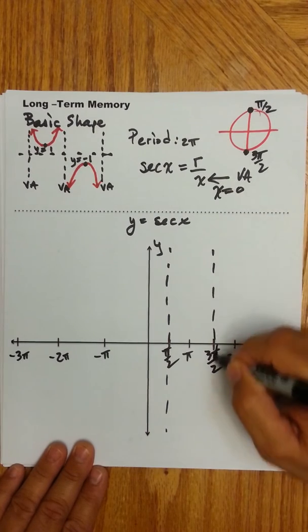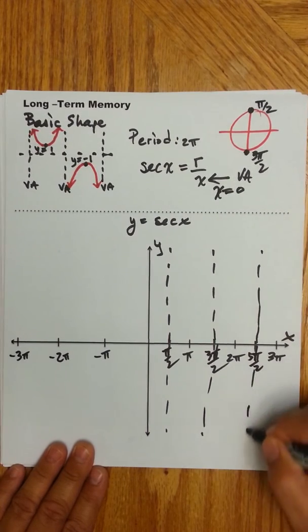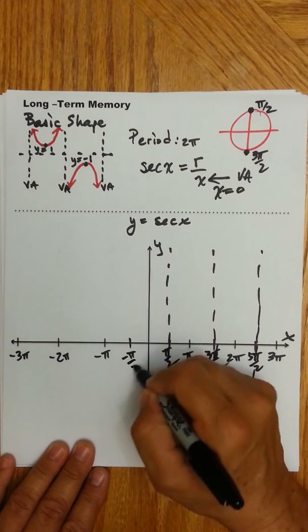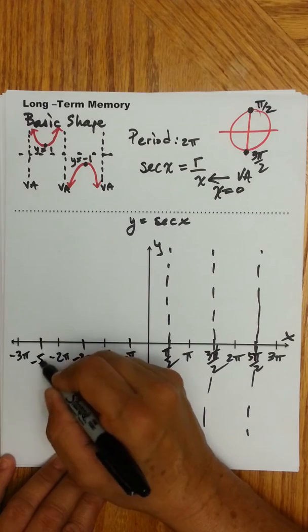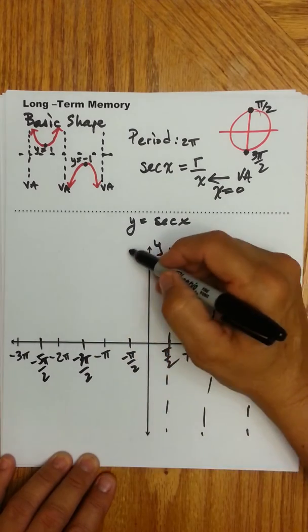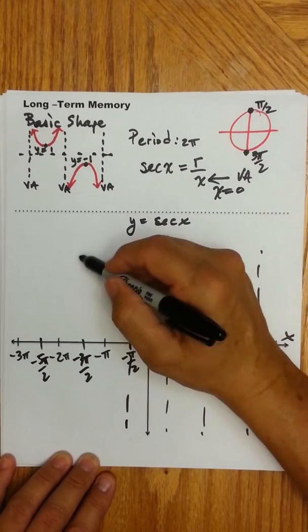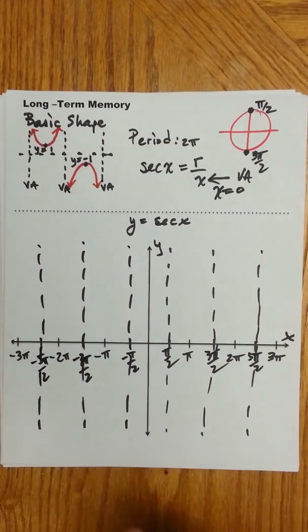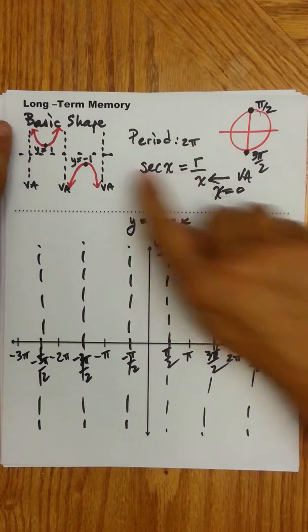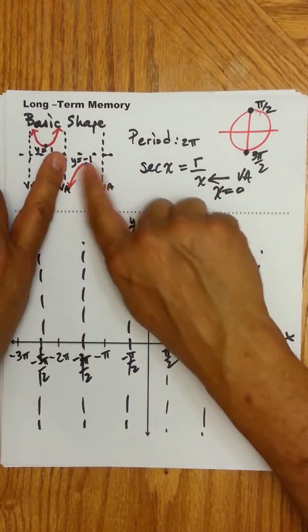So you're putting them in here. Negative pi over 2, negative 3 pi over 2, negative 5 pi over 2, and so on and so forth. Now the period of this is 2 pi because it takes pi to do this and pi to do that.